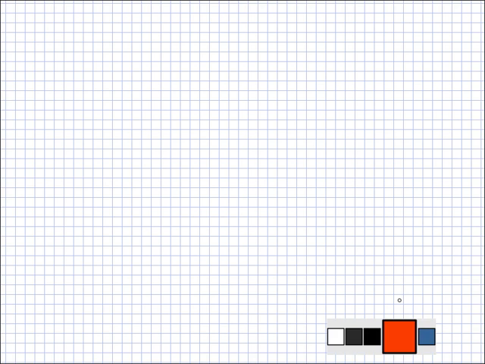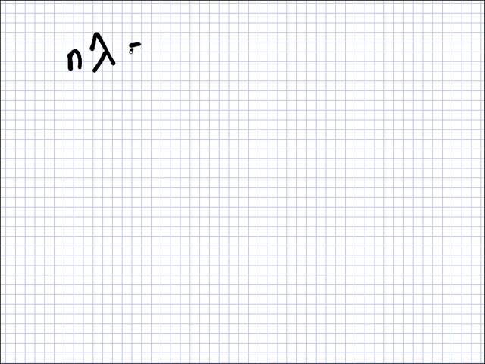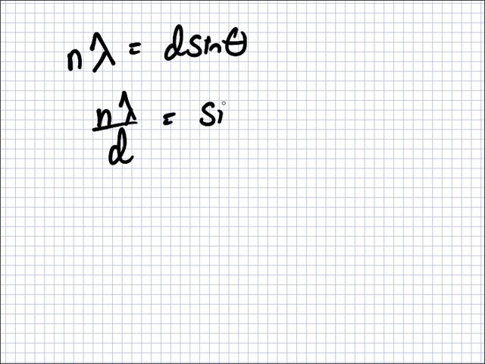Just to remind you, you have the formula n lambda equals d sine theta, and n lambda over d equals sine theta. But sine theta must be less than 1.